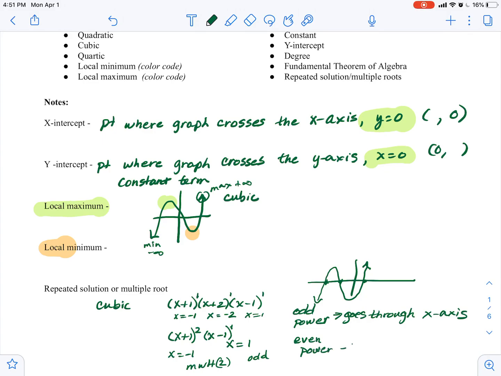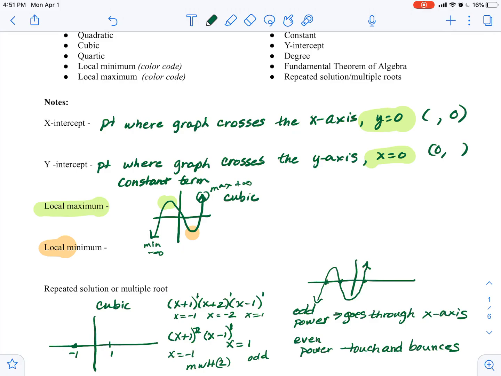Okay, we say it touches and bounces. So what that one would look like, we'll come over here, is I have a -1 point and a 1 point. So I know here this one is going to go through and this one is going to touch and bounce.